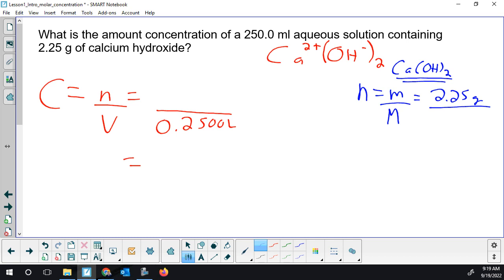On quizzes, I love to put a group 2 metal with something that's -1, and there might be a third of the class not double the negative ion. The correct molar mass is 74.10 grams per mole. That gives 0.0304 moles.